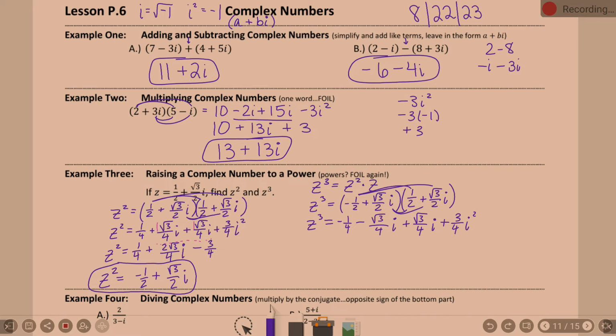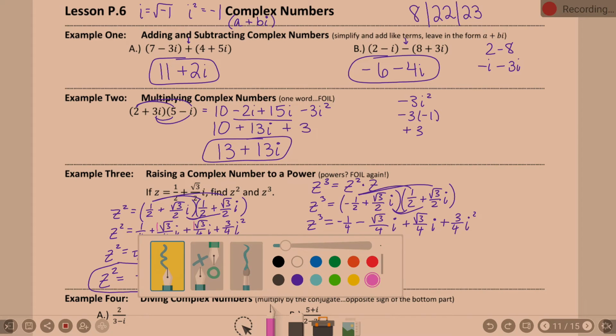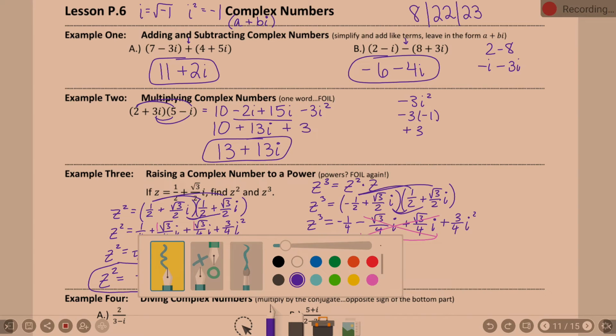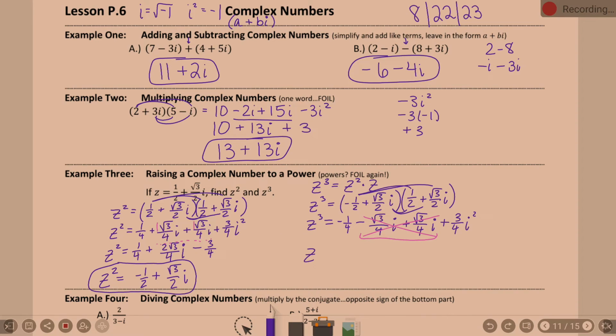Did you guys catch that? Negative square root of 3 over 4 i plus square root of 3 over 4 i. Those are gone, right? So, what's that leave me doing? -1/4. It was plus 3/4 i squared. i squared becomes -1, so it's minus 3/4. And what is -1/4 minus 3/4? -4/4. Okay. -4/4, which is equal to -1.